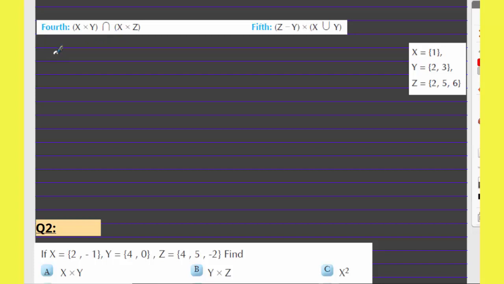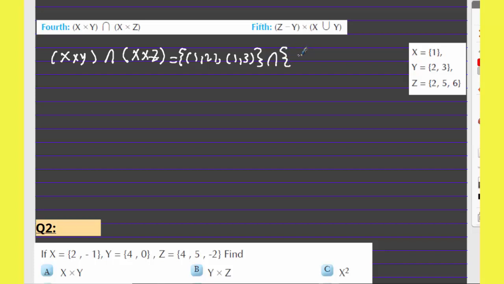Okay, x multiply y intersect x multiply z, Cartesian products, of course. Here are the elements of x multiply y: (1, 2), (1, 3), intersect x multiply z.